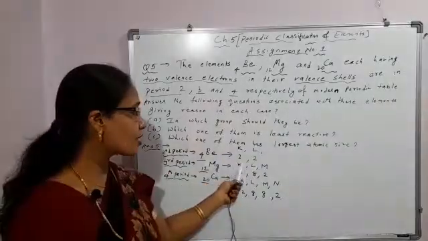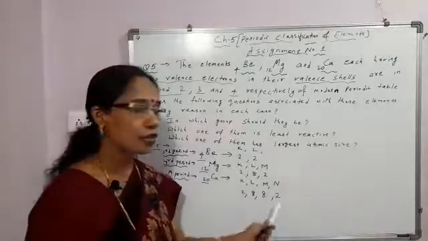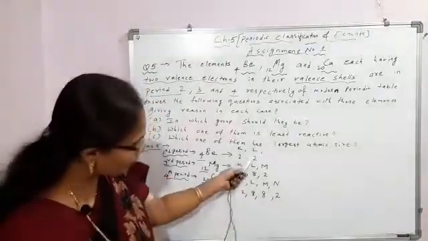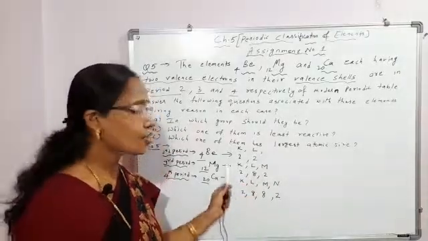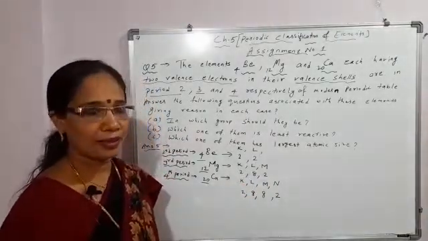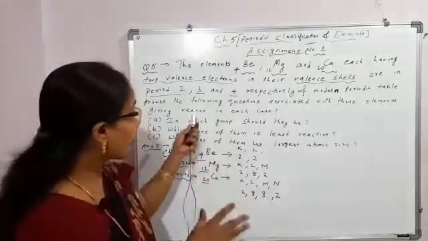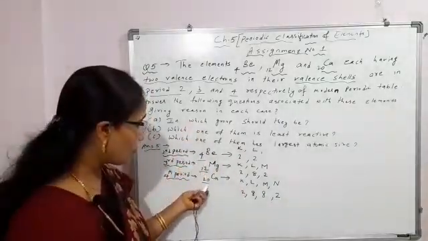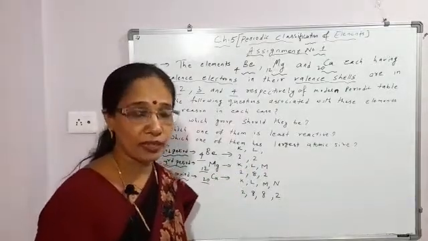Third period? 3. Fourth period? 4. And in all the outermost shell you will add 2 electrons. Then the inner shells you will fill. This way you will get the electronic configuration. But in this question, apart from the clue, atomic number is also given, so seeing the atomic number also you can do the electronic configuration.